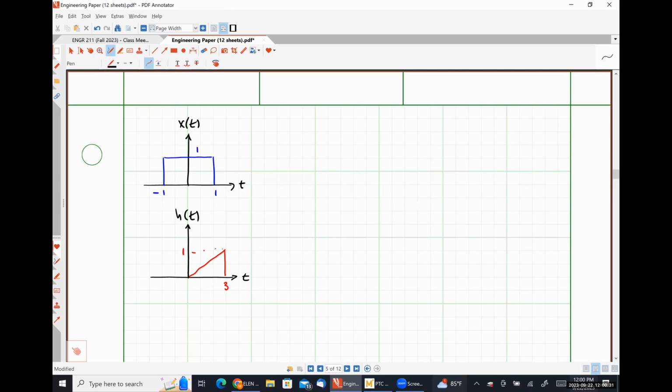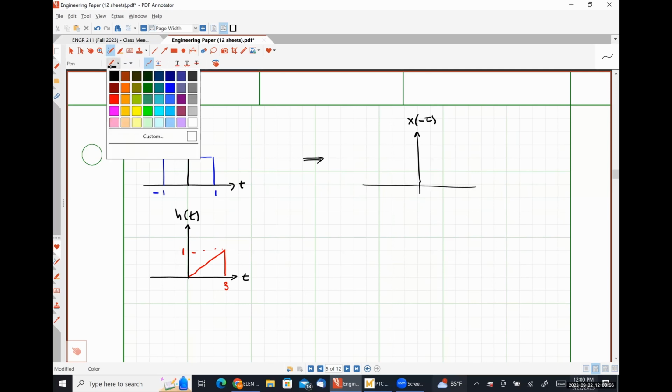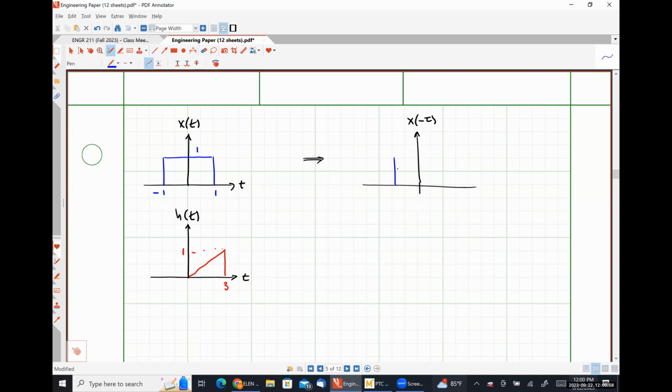So which one are we going to flip? Let's flip x of t, because it's the same thing if we flip it, right? So we don't have to do much thought, and at this point I need something where I don't have to put in a lot of thought. So x of negative tau is going to look literally identical.